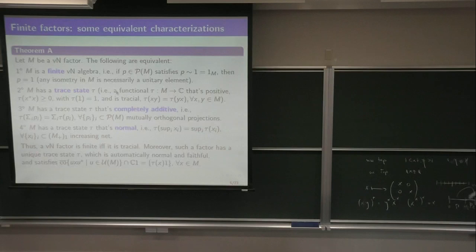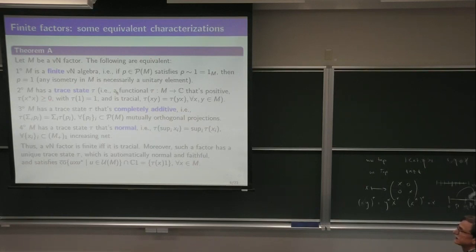Finite in the von Neumann algebra context doesn't mean finite dimensional, but means this thing, motivated by the finite case in set theory, the most silly kind of observation, with 6th, 7th grade school level set theory. So any isometry is necessarily a unitary element.